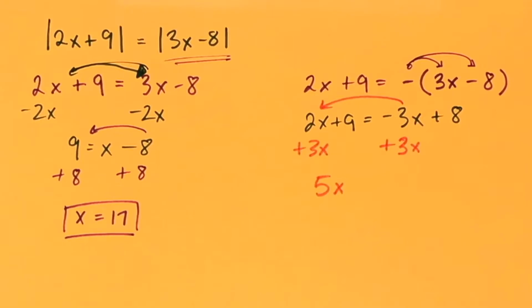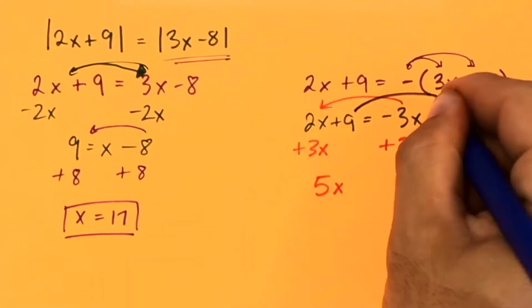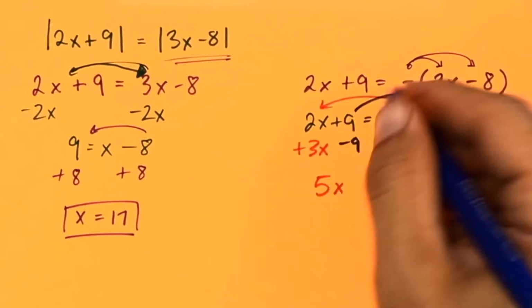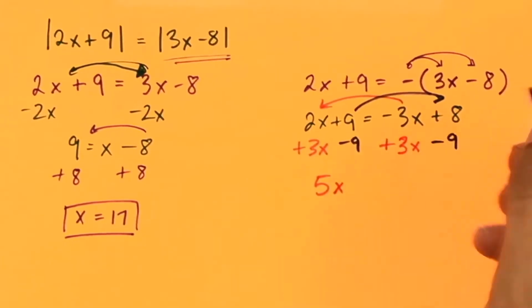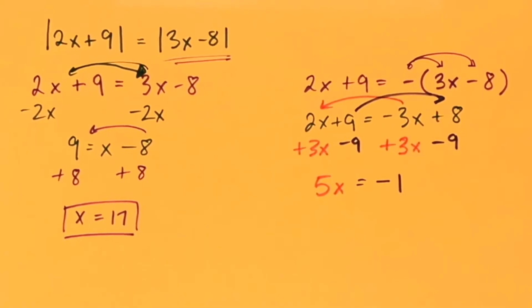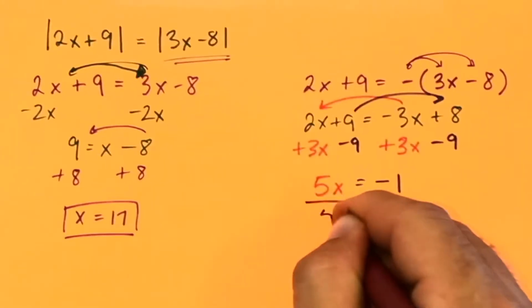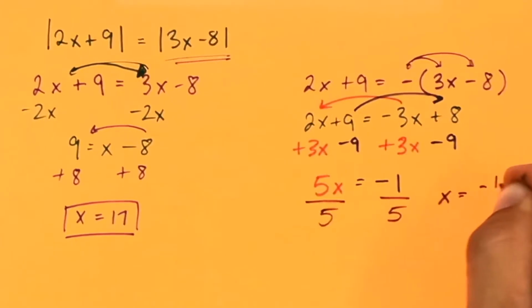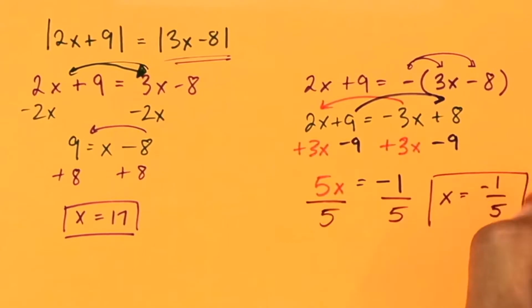If I move my letters to the left, I move my numbers to the right, and I get 5x is equal to negative 1. Divide both sides by 5, and I end up with a result of negative 1/5. And there are my two results.